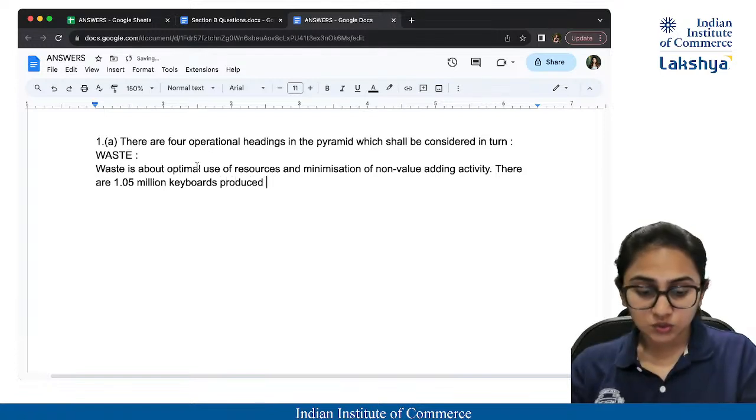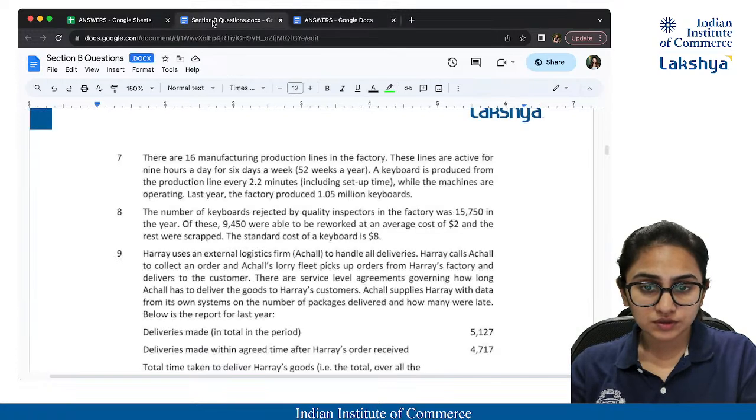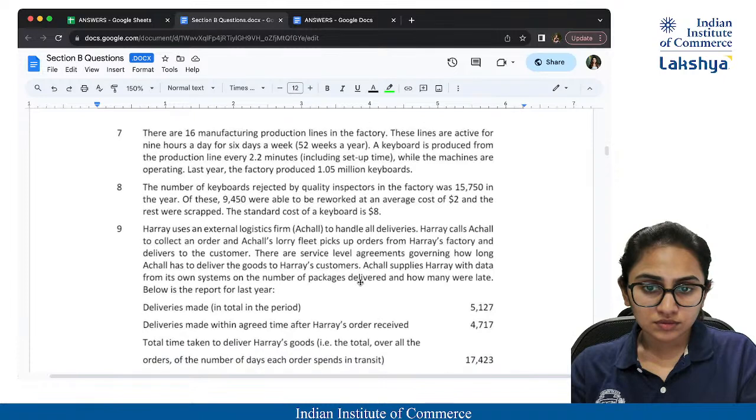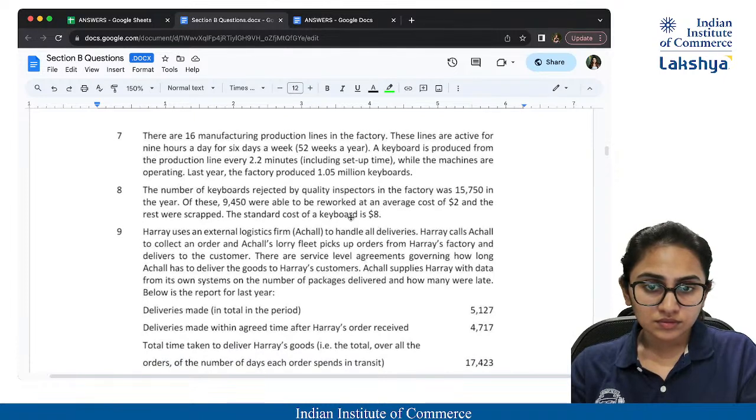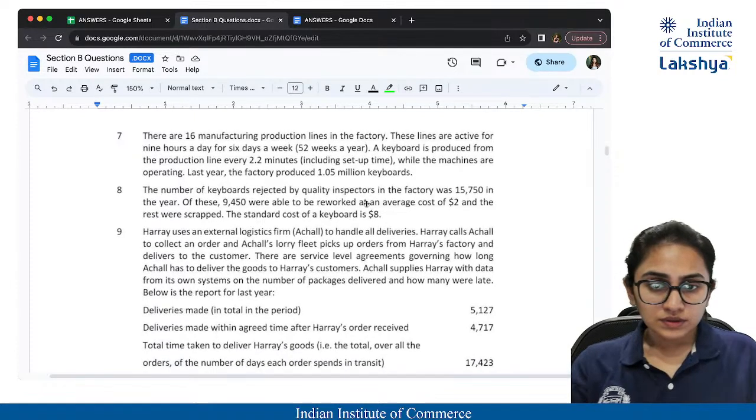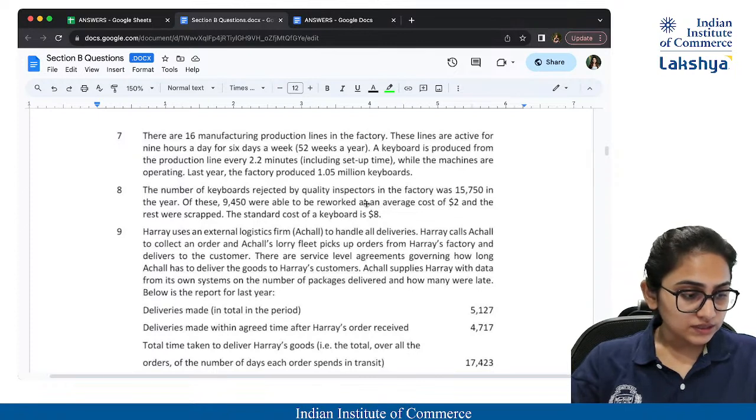And how much is the total that they can actually produce? Nine hours a day, 6 days a week into 52 weeks.